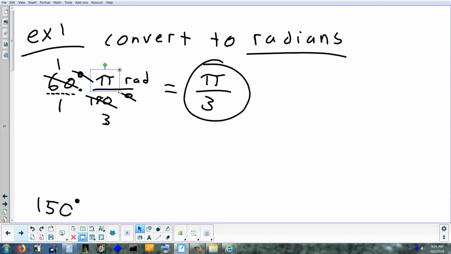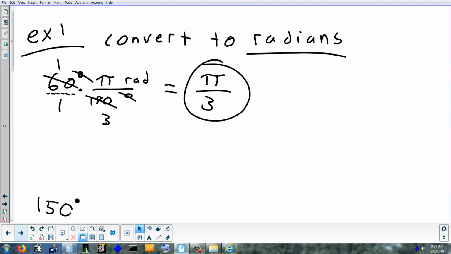If you see the little circle, then it's degrees. But you're not going to see the label RAD in the book or on the test. I put it there just so you can get used to it, but you should get used to not writing it in the final answer. If it helps you, you can write it. I wouldn't take off any points, but you don't ever see it written.